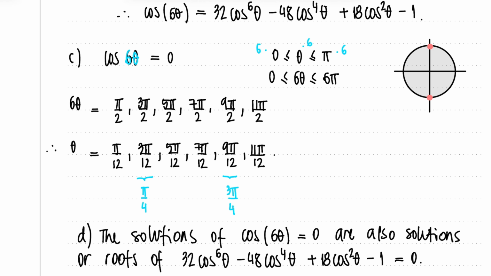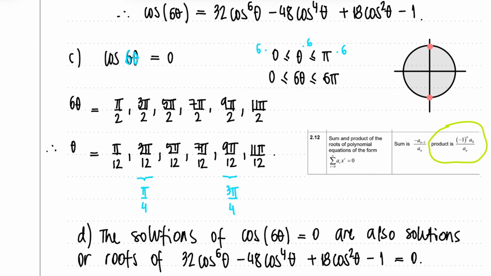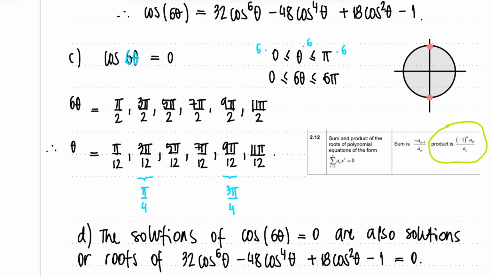Now, the fastest way to solve this problem is to use sum and product, and in this case, using the product of roots. Let's remember that for a polynomial of the nth degree, the product of the roots is equal to -1 to the power of 6. In this case, this is the order of the polynomial times the constant term, which is a to the 0, which is -1 in this case, over the leading coefficient, which is 32.